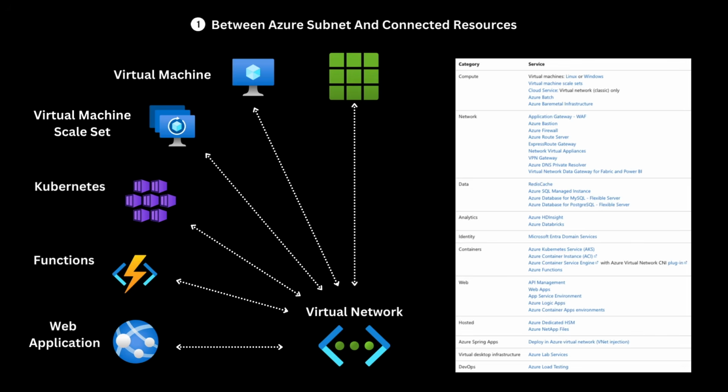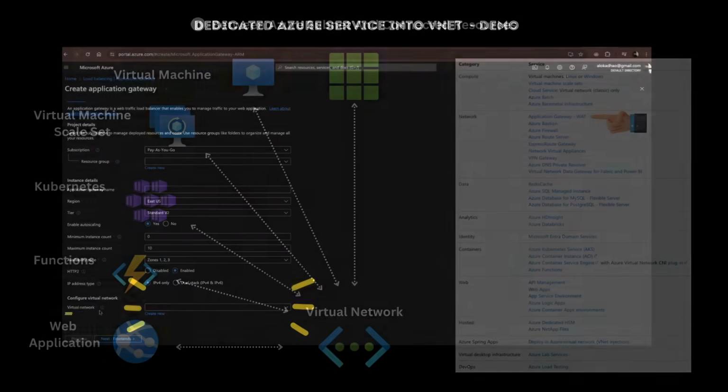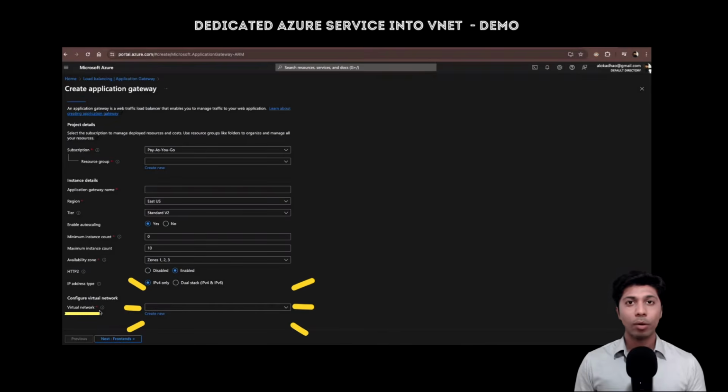But how are these Azure services attached to VNet? Let's take an example of network category, an application gateway service. When we create application gateway services from portal or any other way, we can configure virtual network as you can see here. This way we provide virtual network and the subnet during the creation, and it attaches itself to the VNet.